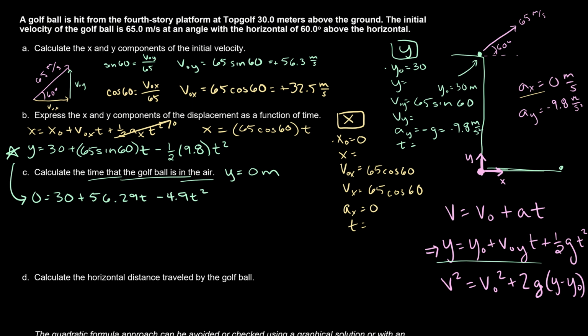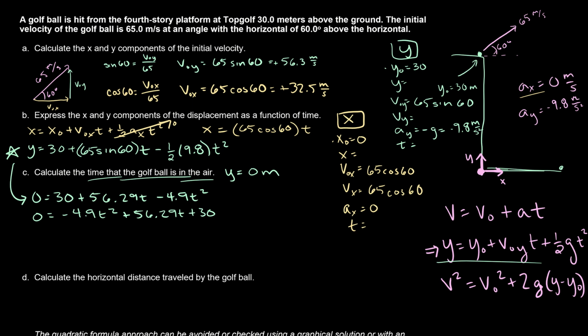Okay, and then if I rearrange this, I can use the quadratic equation. So I have 0 equals negative 4.9 t squared plus 56.29 t plus 30.